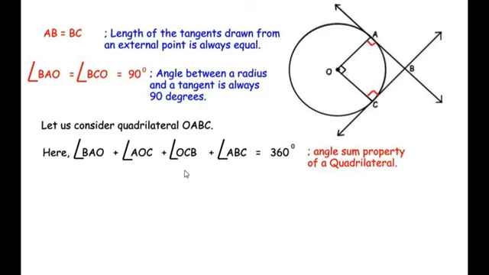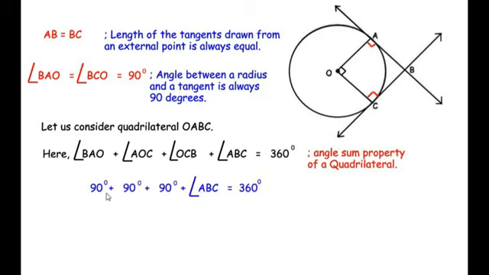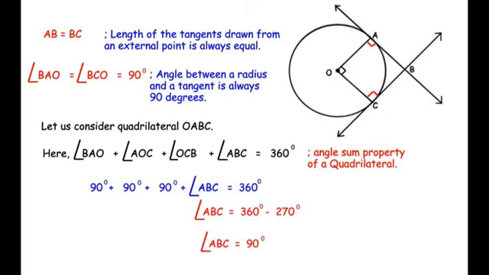Now substituting here, 90 degrees plus 90 degrees plus 90 degrees plus angle ABC equals 360. Adding all the three angles, we get 270 degrees. Let us take 270 degrees to the other side of the equal to sign, and we get 360 minus 270, which is 90 degrees. So we have got the angle ABC, that is the final angle, as 90 degrees as well. So all the angles are 90 degrees now.